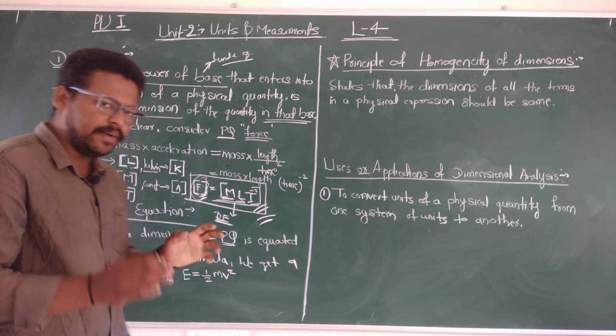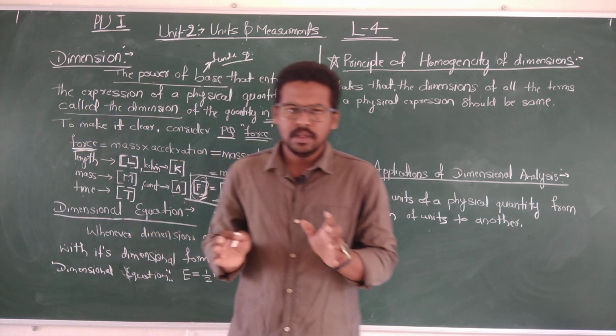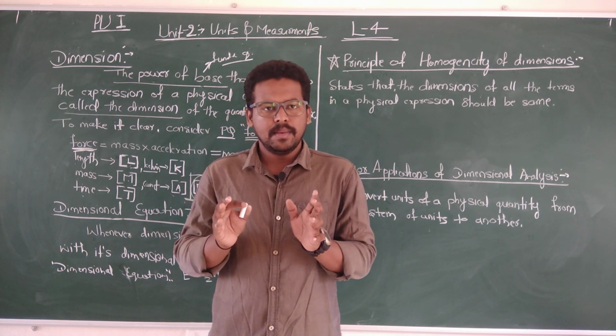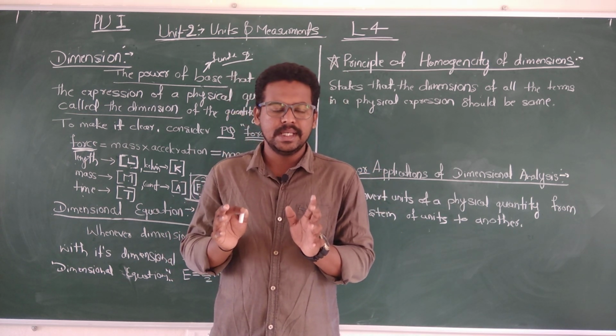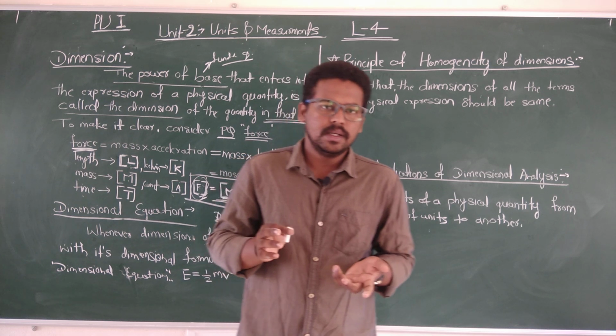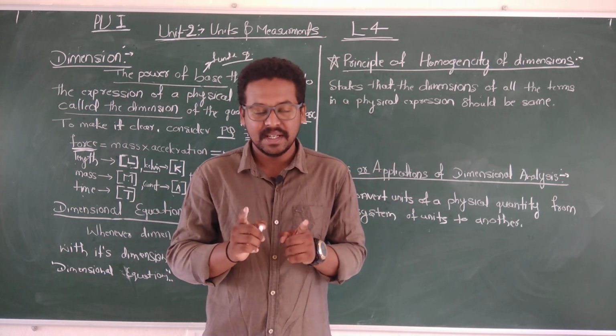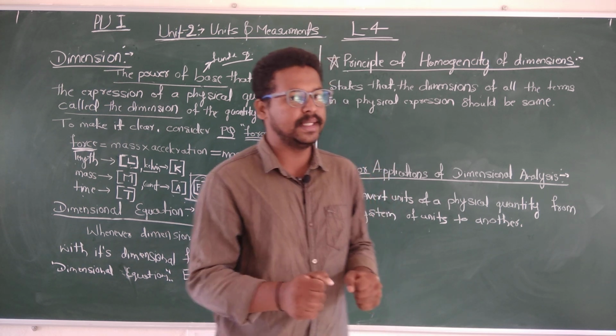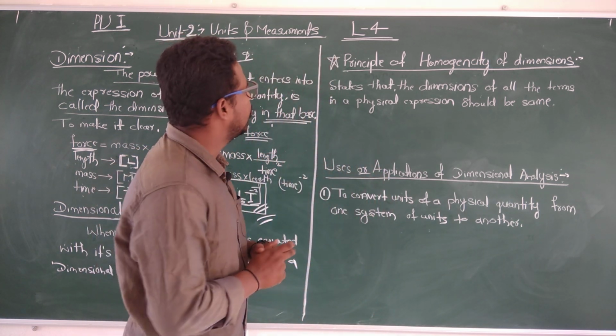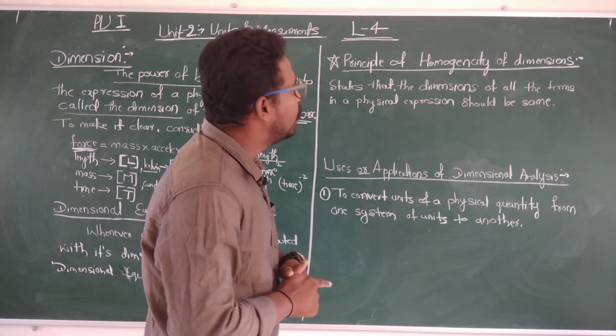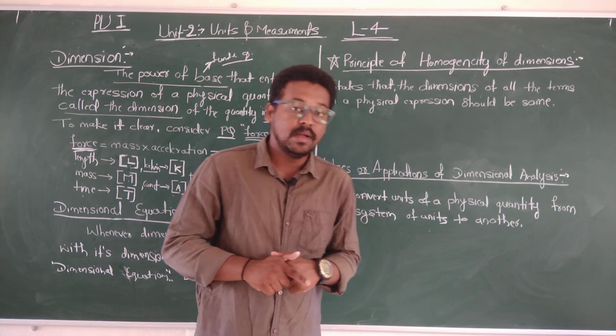Dimensional equation means whenever the dimensions of a physical quantity are equated with the dimensional formula, it is called a dimensional equation. I think it is understood by you. So now let's move to the principle of homogeneity of dimensions.